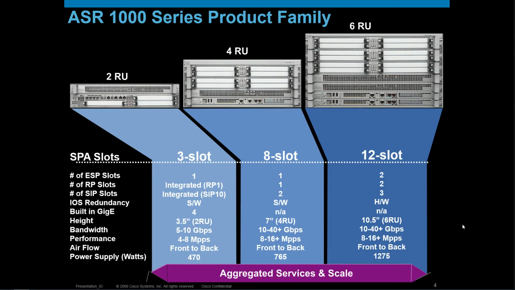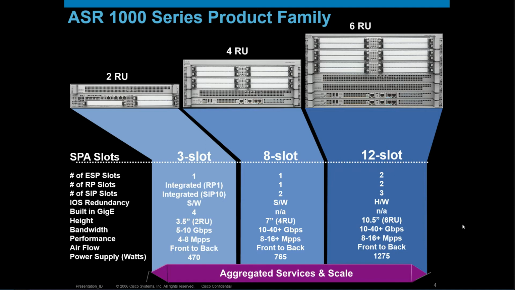The interesting thing with the ASRs is they don't come in a whole 6-foot rack series. These guys come in a 2, 4, 6U array. That also allows for a 3, 8, or 12 slot peripheral edition. That way you can do built-on performance or interfaces.